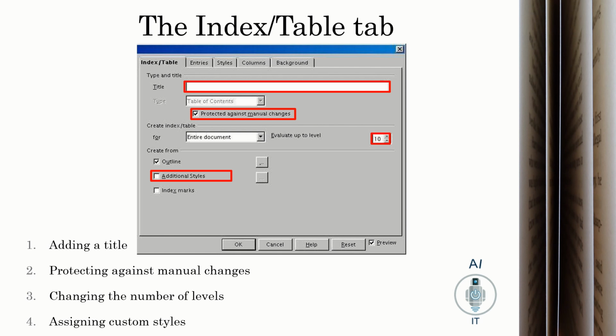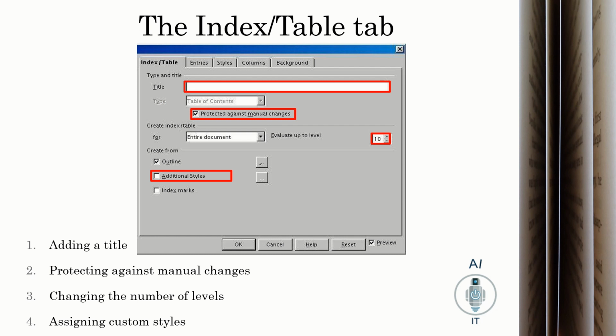We can make changes by adding our own title, and we have to ensure that Protected against manual changes is checked. This is very important because if it is not checked, the table of contents can be directly edited and modified. So always ensure that this is checked.